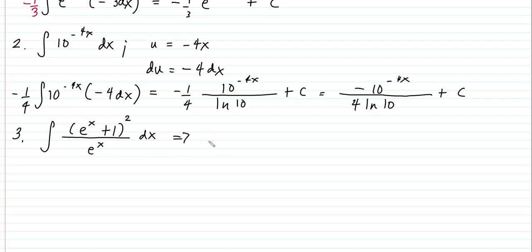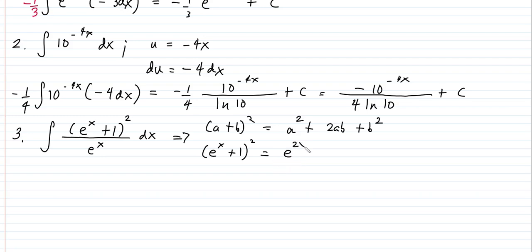If we expand this, let's review: a plus b squared is a squared plus 2ab plus b squared. So if we apply that to e raised to x plus 1 squared, we will have e raised to 2x plus 2e raised to x plus 1. And then we will divide by e raised to x.